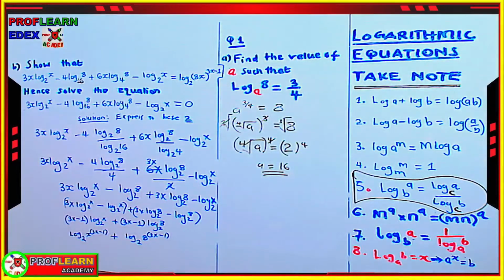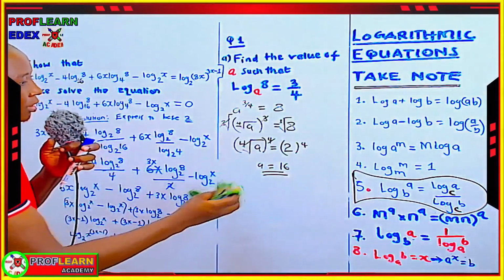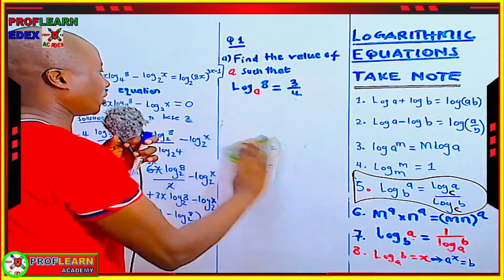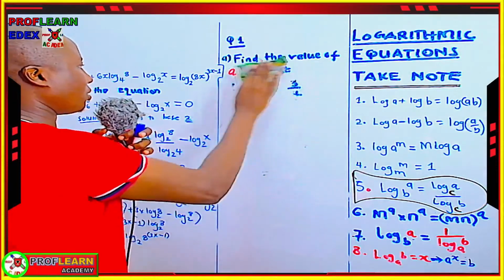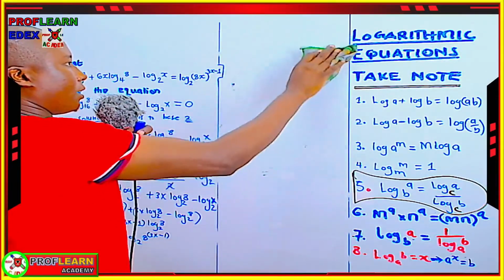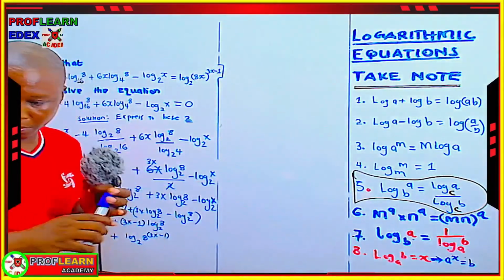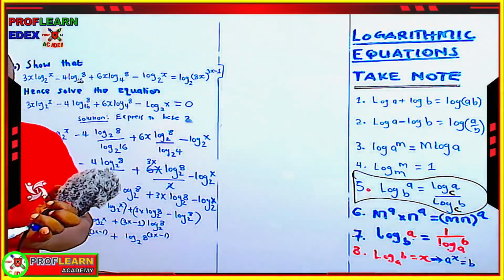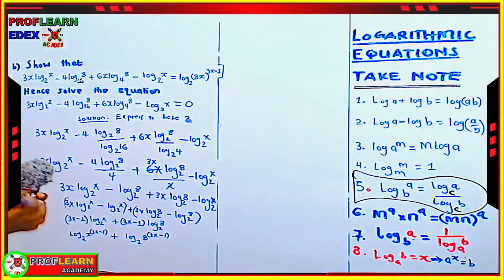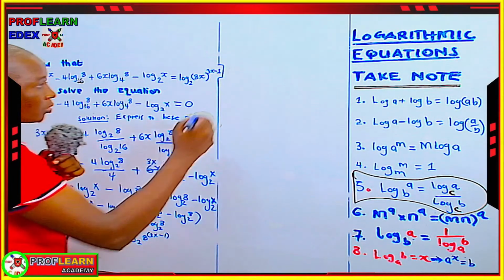And using this rule here, that if m power a times n power a, they are having the same powers, we can say this can be expressed as log of 8x, x times 8, that will be 8x raised to power 3x minus 1, right?